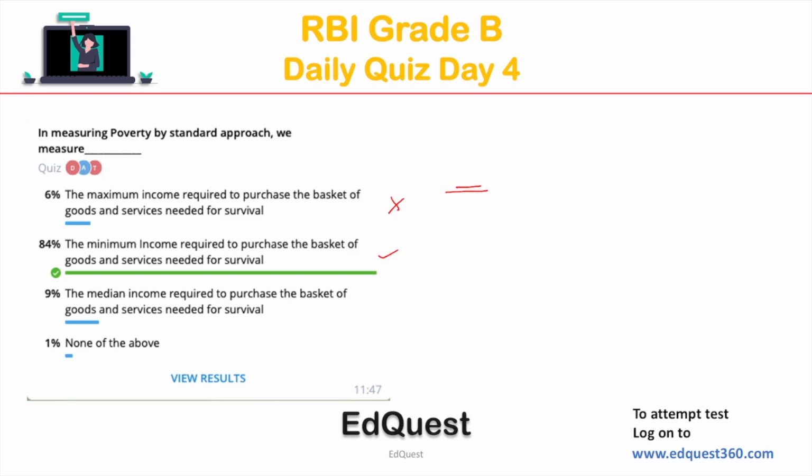Again, it cannot be median income because to know the median income, you need to know the maximum income as well as the minimum income. So maximum income you cannot set, so it cannot be median income. So a very simple question. You could just eliminate the wrong answers.